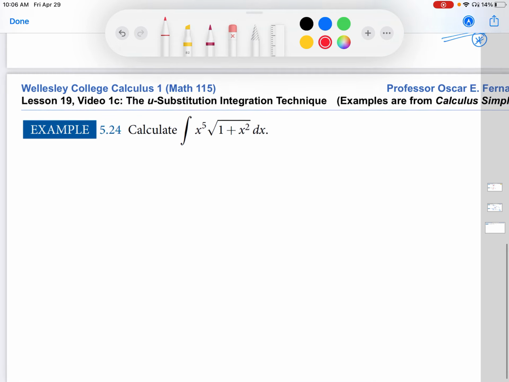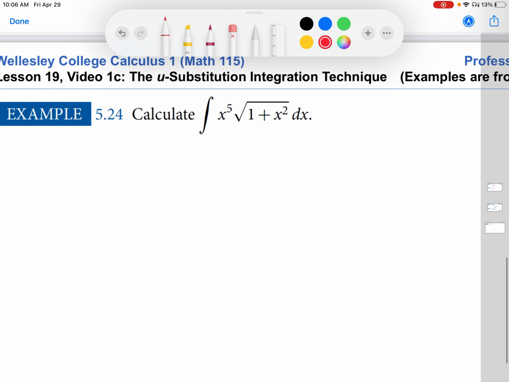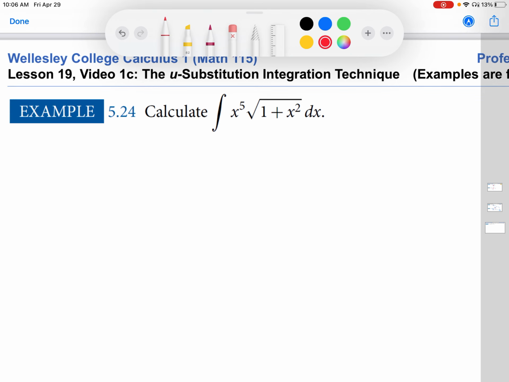So what are we going to do to try to solve this integral? Well, first of all, how would you know to use u-substitution? The answer is you can try some simpler techniques, and they're just not going to work. So simpler techniques than u-substitution are what are called integration by tables. Basically, there's some standard integrals that we know, like the integral version of the power rule, that the integral of x to the n is, you add 1, you divide by the result, so long as n is not equal to -1.